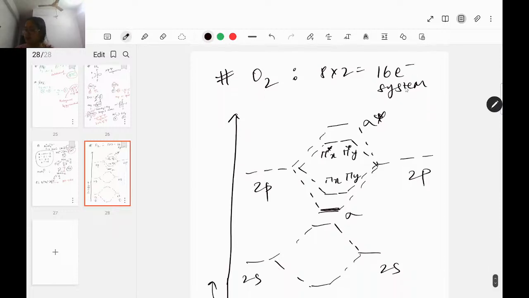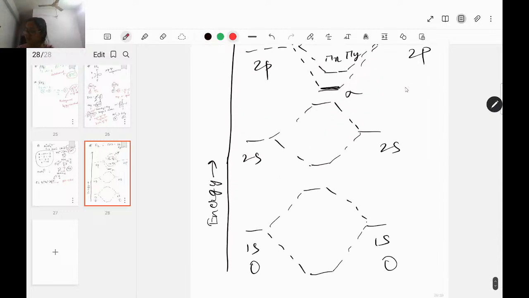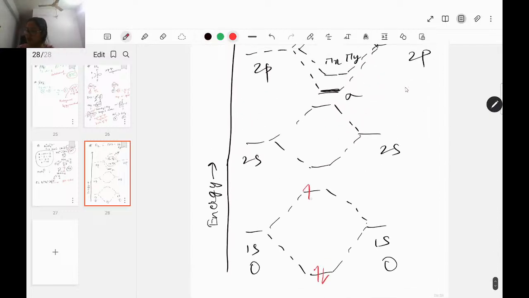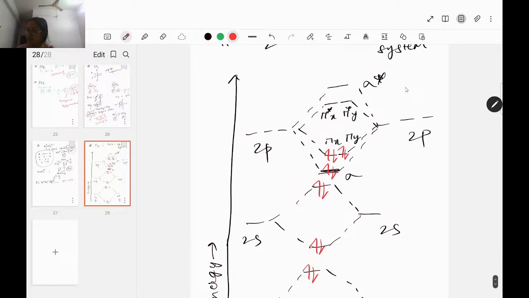Now the oxygen 16 electron system, how will we fill it up? 1, 2, 3, 4, 5, 6, 7, 8, 9, 10, 11, 12, 13, 14, 15, 16. So the bond order over here is the number of bonding electrons minus the number of anti-bonding electrons, by 2.